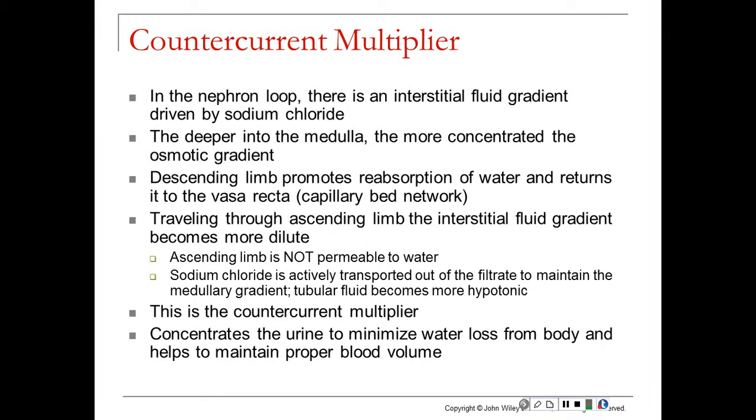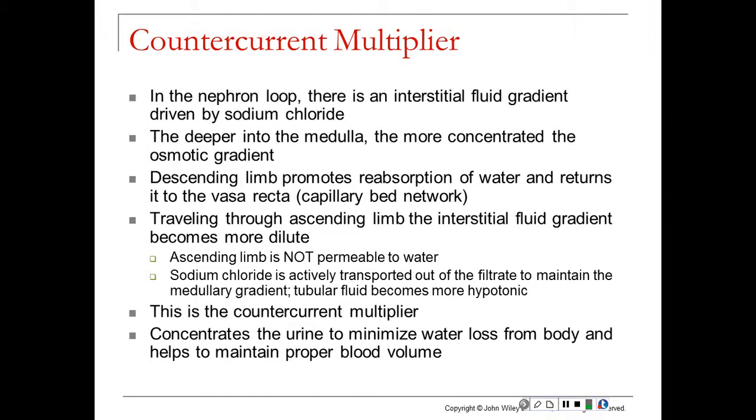That descending limb of the nephron loop is going to promote the reabsorption of water. And then as the filtrate travels through that ascending limb, that fluid is going to become more and more dilute. The ascending limb is not permeable to water. So in other words, water cannot be reabsorbed at that point in the nephron.